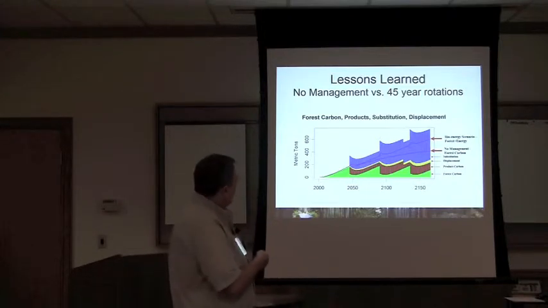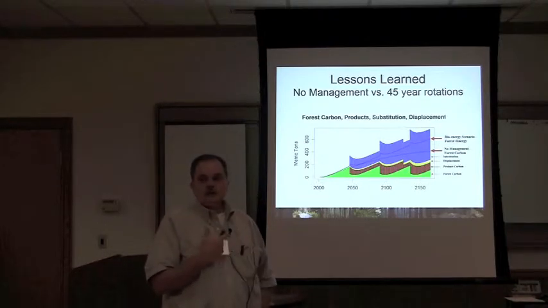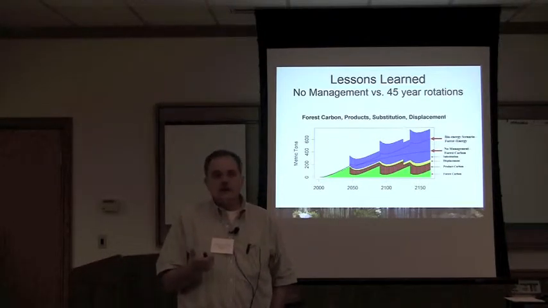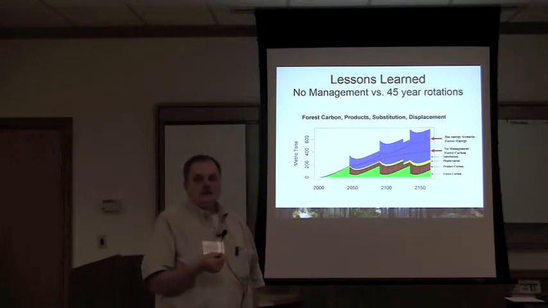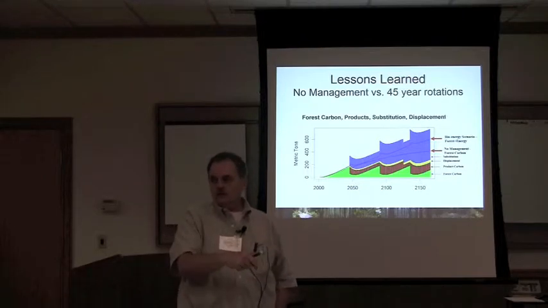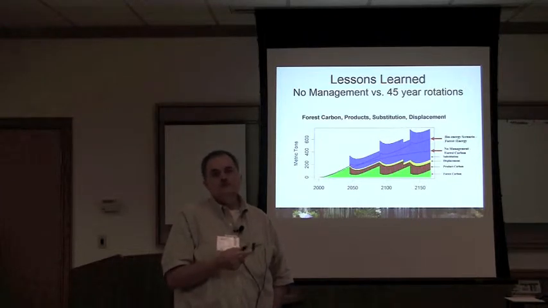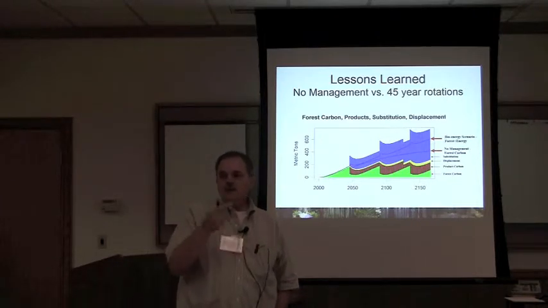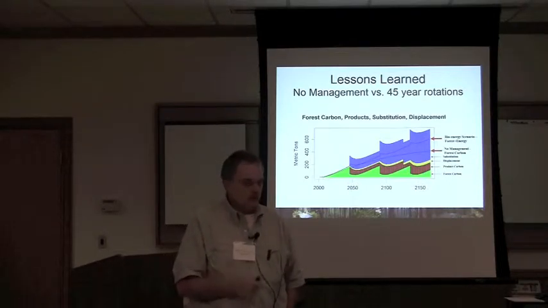But if you count the carbon in the products, and if you count displacement, and if you count substitution, and I'll talk about those in a little bit, and if you can take advantage of bioenergy, you can get above the carbon that would be standing in the forest if that forest was standing there. So if you can look at some of these other advantages that we can have by using our renewable resources, we can be ahead from a carbon standpoint and or an energy standpoint.